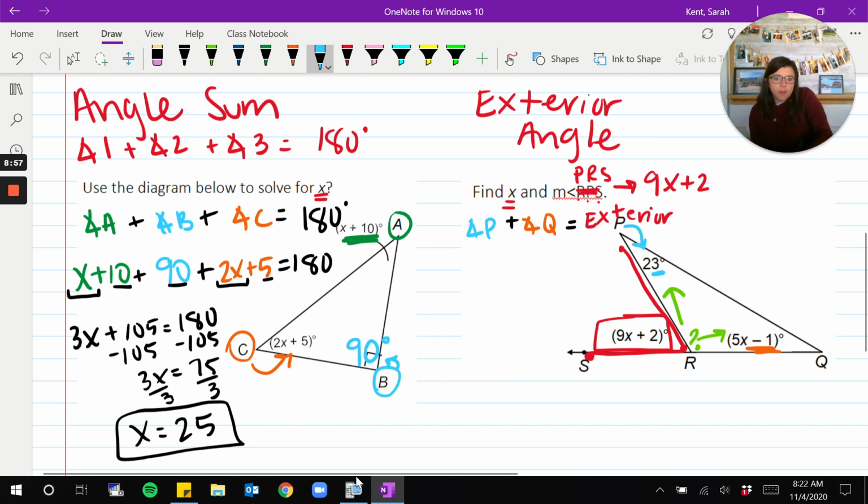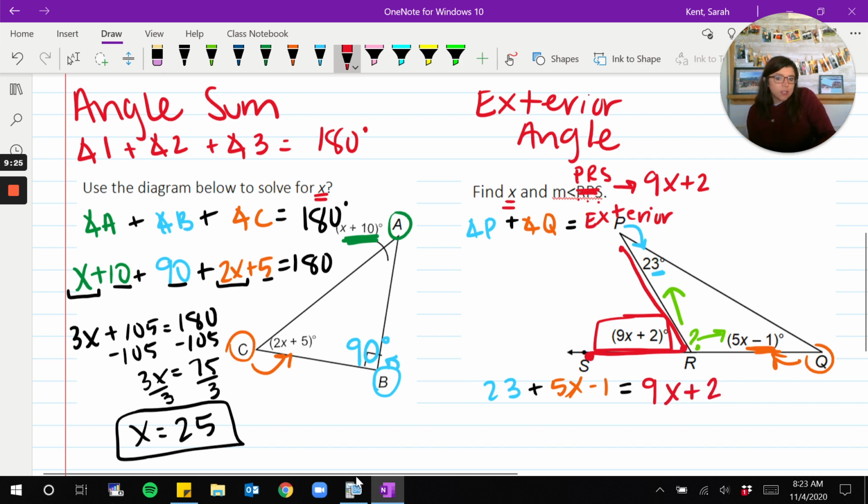I'm going to come down here. Plus, for angle Q, I've got 5x minus 1. And then all of this equals our exterior angle, which we've already marked is 9x plus 2.